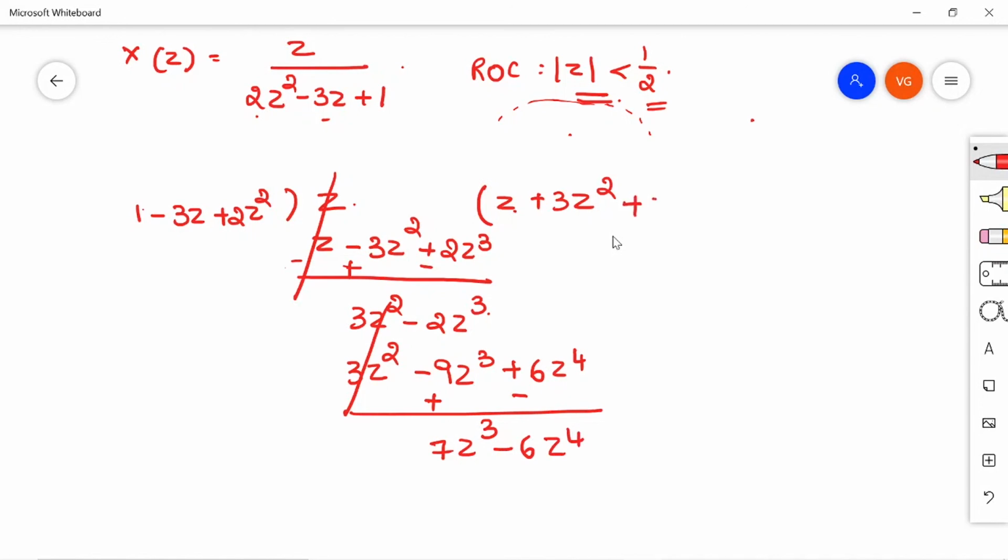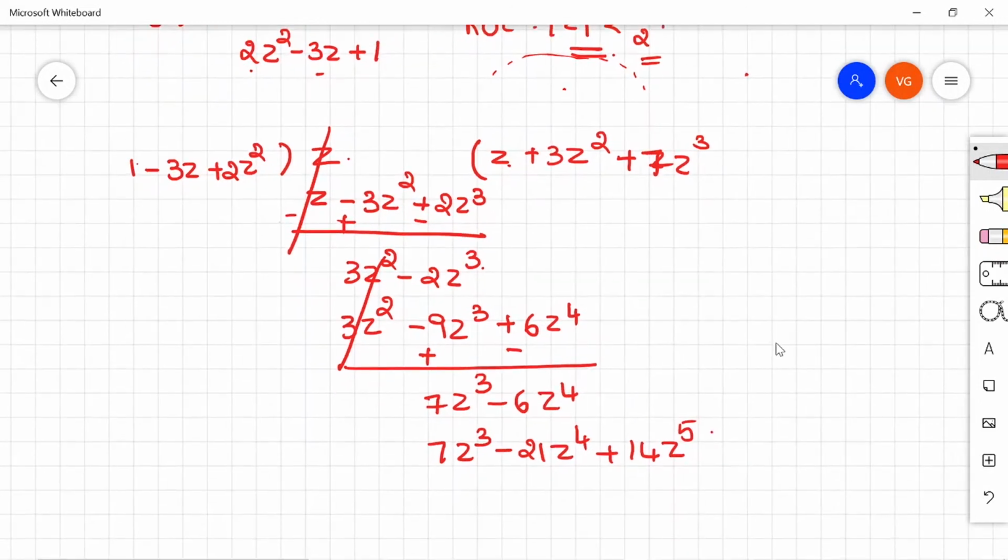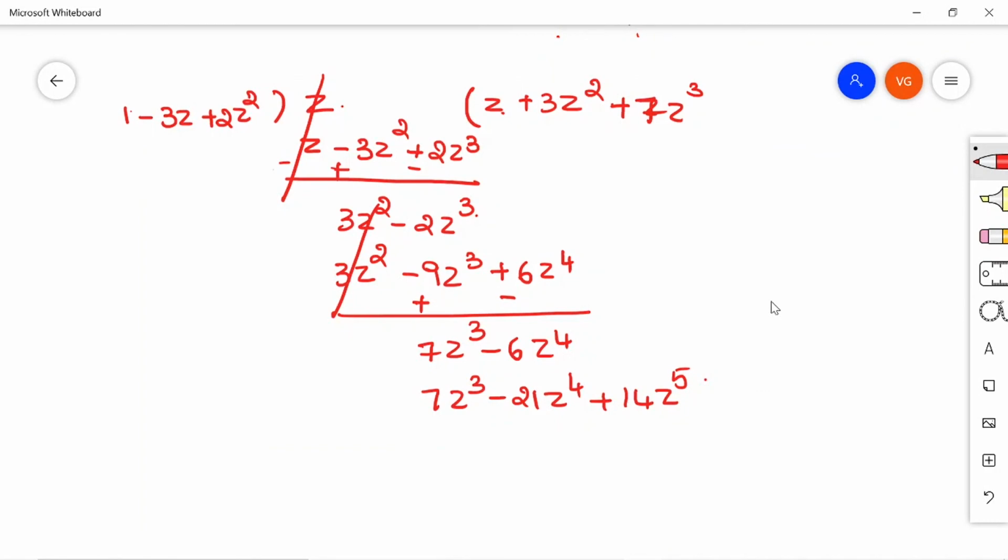Again, I'll multiply with 7z cube here. So what I'll get is 7z cube minus 21z to the power 4 plus 14z to the power 5. Now you do the subtraction again. This will get cancelled. I'll get here 15z power 4 minus 14z power 5. This process will continue.